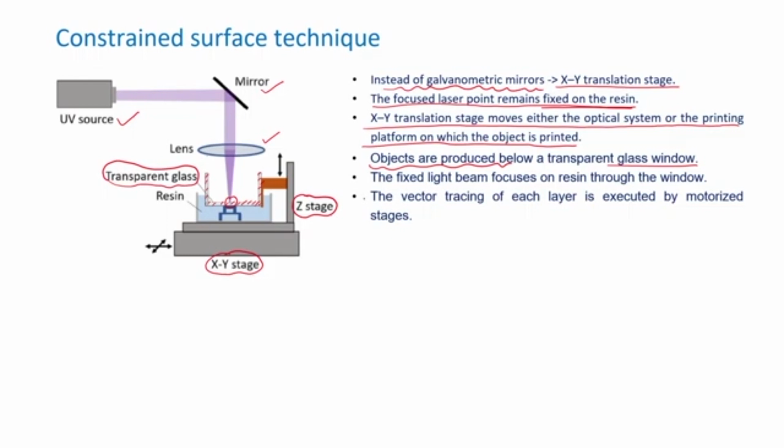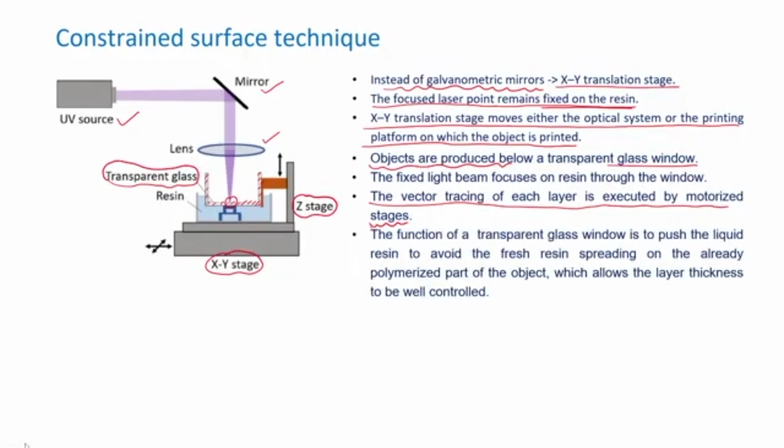The fixed laser beam focuses on the resin through the window, and the vector tracing of each layer is executed by the motorized stage. The movement of the product, given in the form of vectors, is carried out using the motorized stage. The function of the transparent glass here is to push the liquid resin to avoid fresh resin spreading on the already polymerized part of the object.